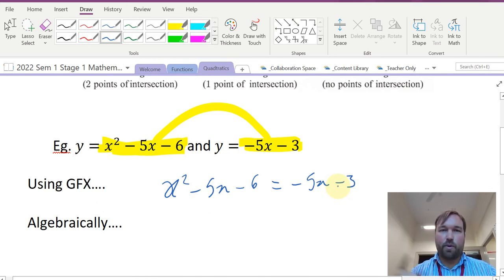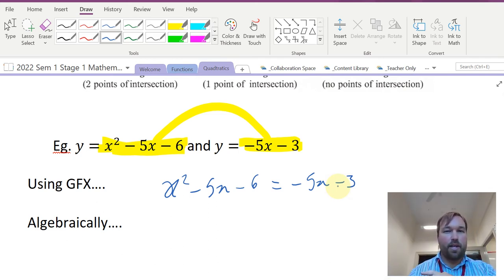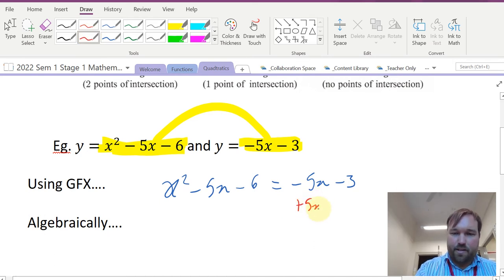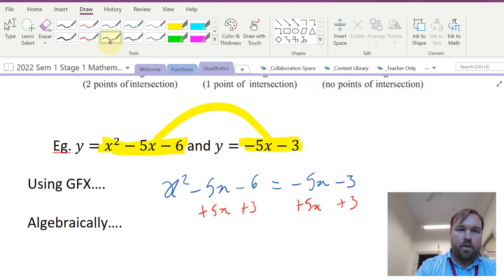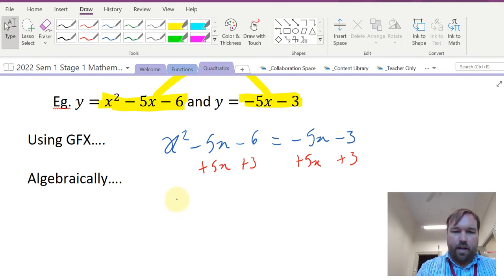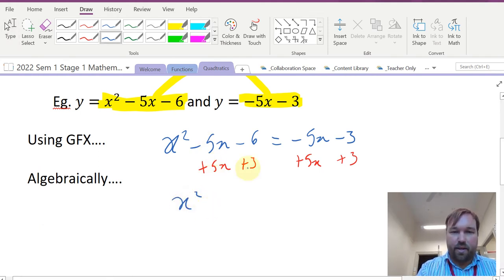So to solve, we put everything on one side, 0 on the other, and then we treat it like a quadratic, bearing in mind that we have the quadratic formula up our sleeve. So to solve, I'm going to add 5x. Alright, so we'll have then x squared minus 5x plus 5x is nothing.